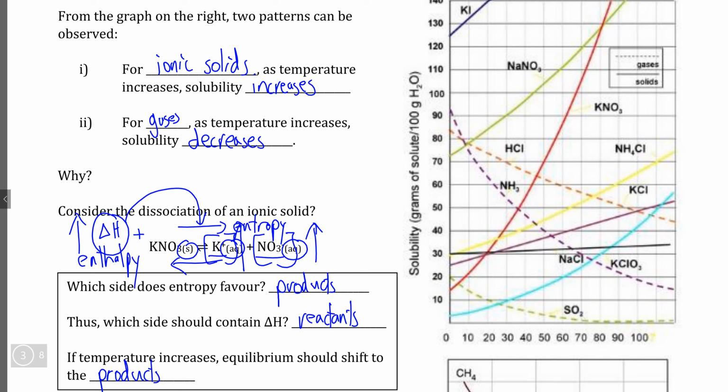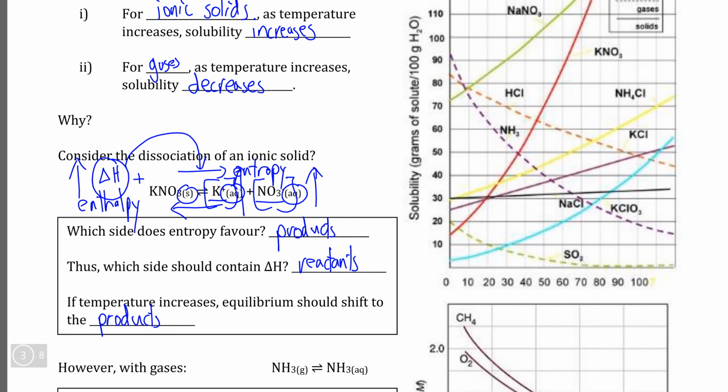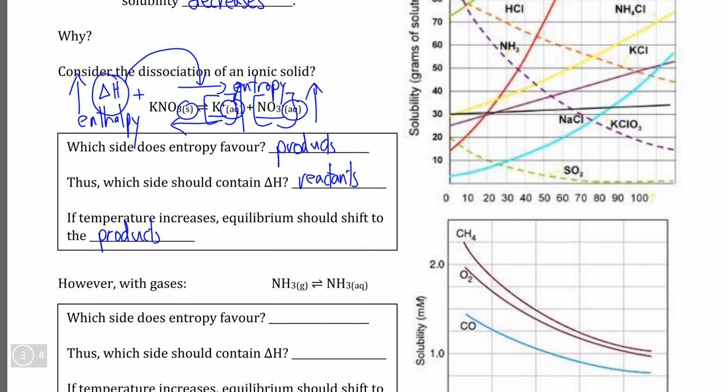And this explains why ionic solids generally have positive trends when it comes to increases in temperature, showing that increases in solubility seem directly related to it, and this relationship between enthalpy and entropy seems to consistently explain why.